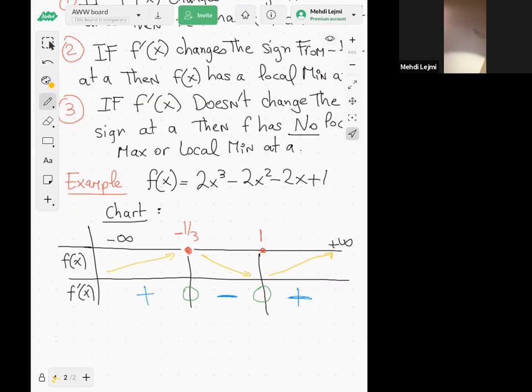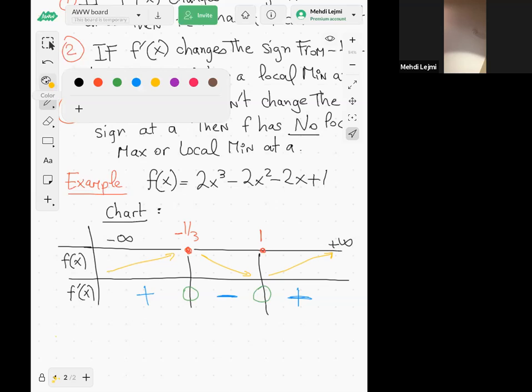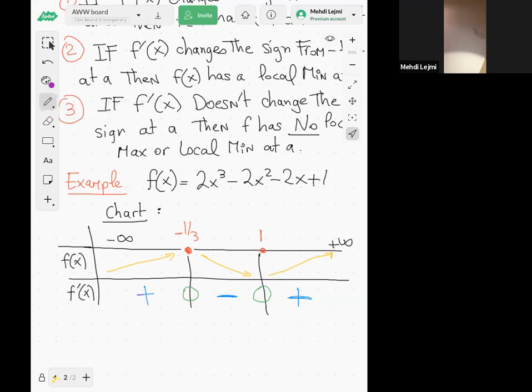So what we are saying now, guys, is that if the derivative changes the sign from plus to minus, then your a would be a local maximum. So you see here, for example, you change the sign from plus to minus at -1/3, then -1/3 would be a local maximum, right?